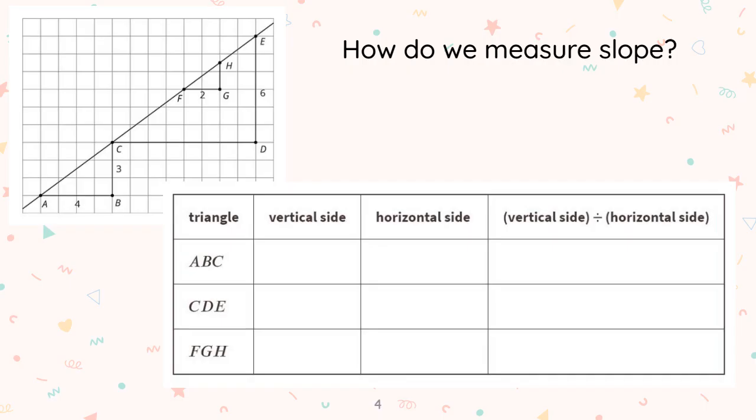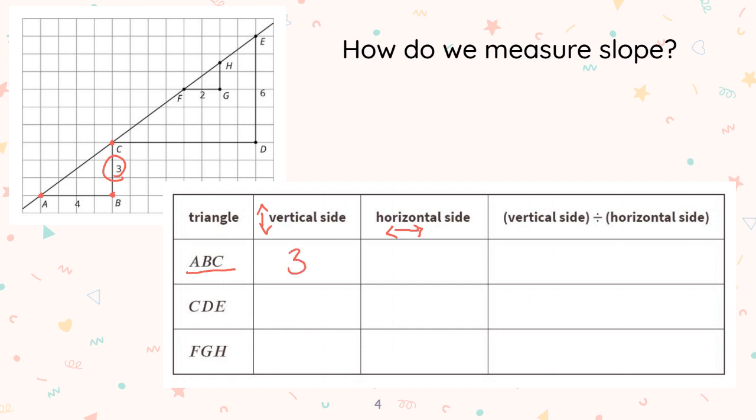So how do we measure slope? This is going to be our first example. If we look at our table, first it wants us to look at triangle ABC. Here it is, I'll outline it in red. My vertical side, and remember that vertical is up and down, horizontal is side to side, is 3.